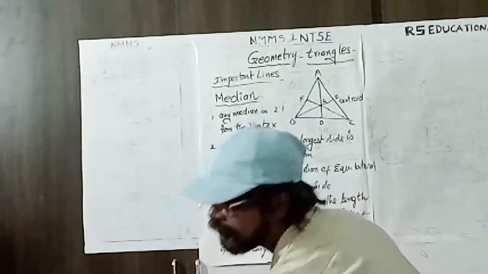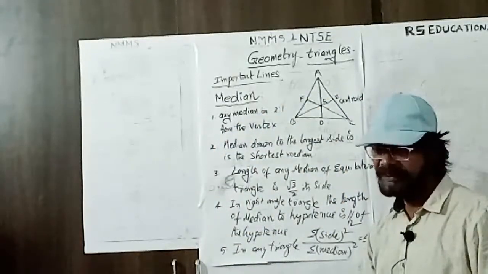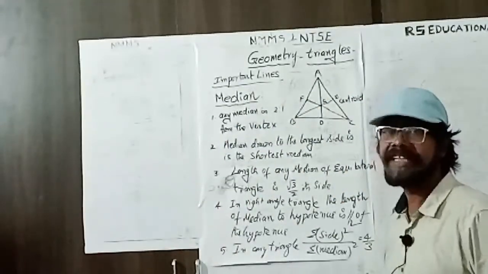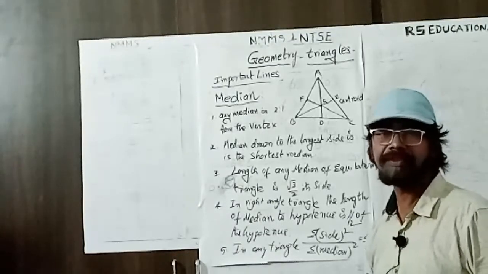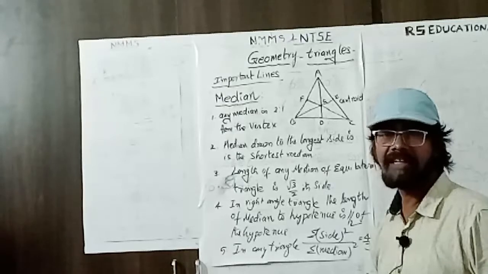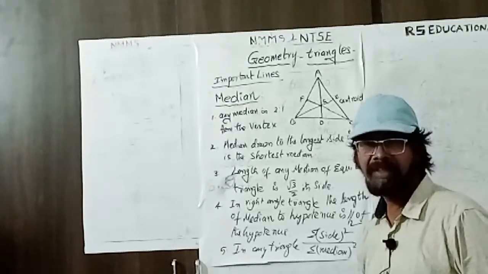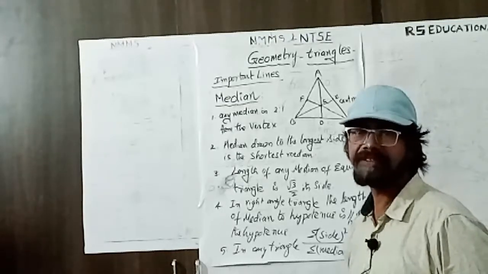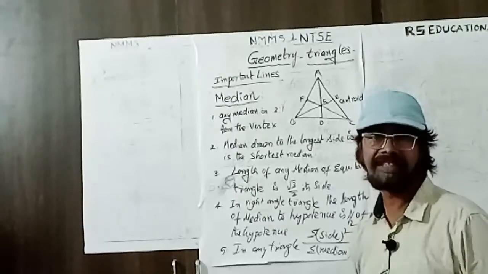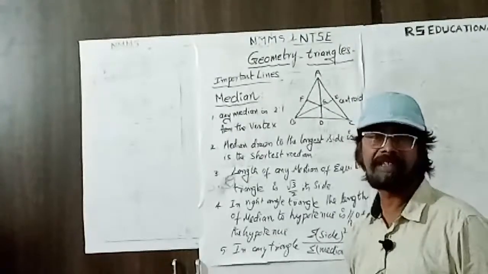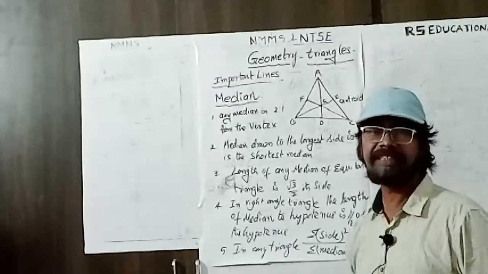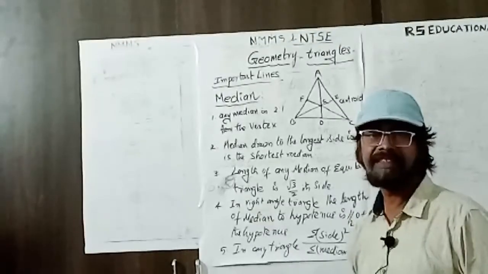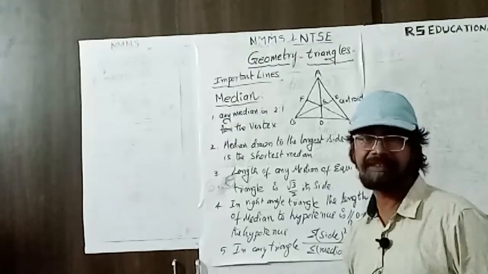Like that, already we have seen the types of triangles, and a triangle is formed only if the sum of the two sides is always greater than the third side, or the difference of the two sides is always less than the third side, otherwise there is no triangle. We have also seen the ratios of the sides to its angles.